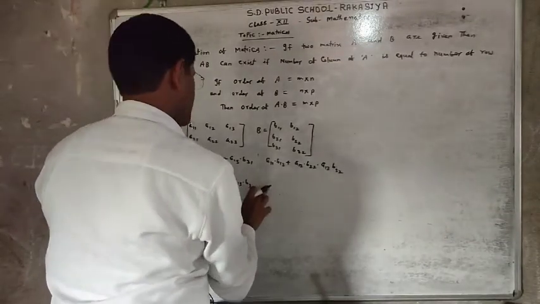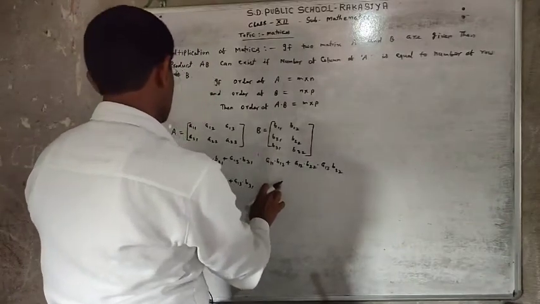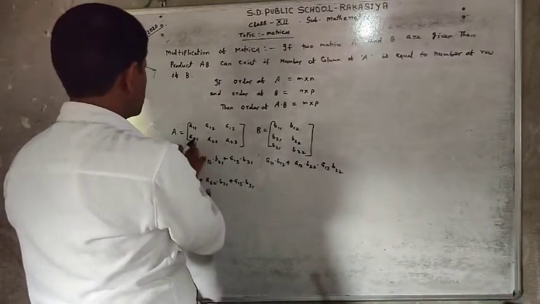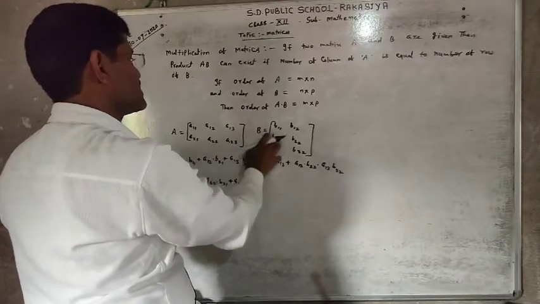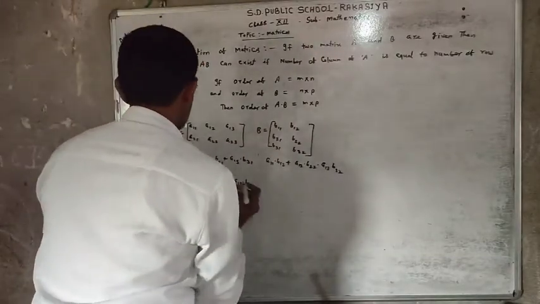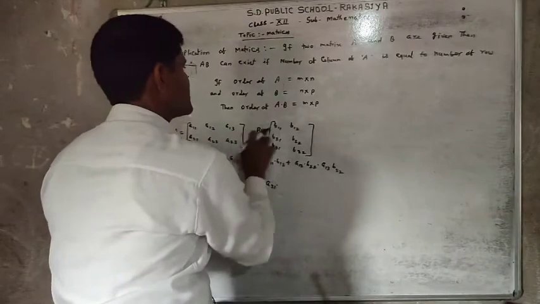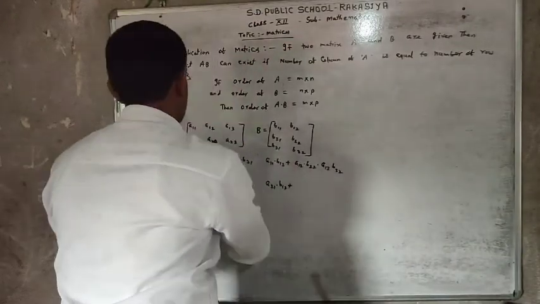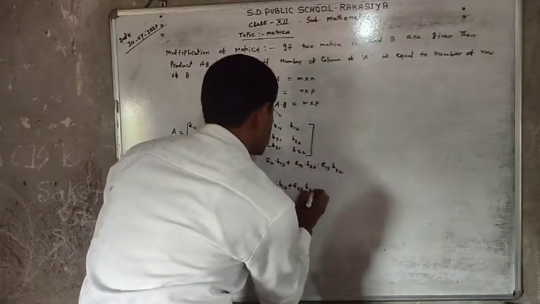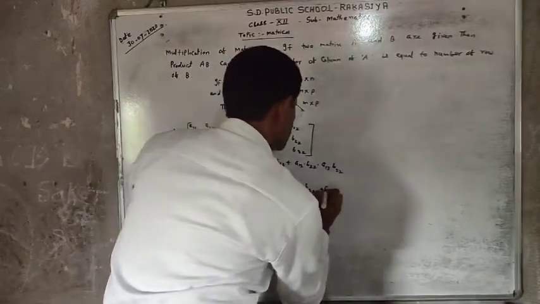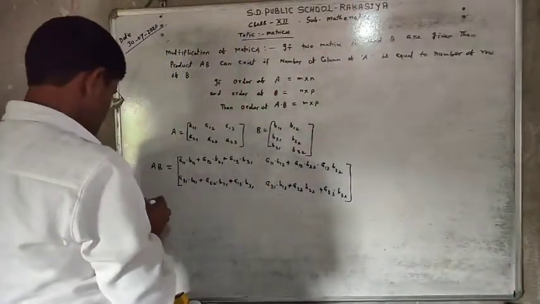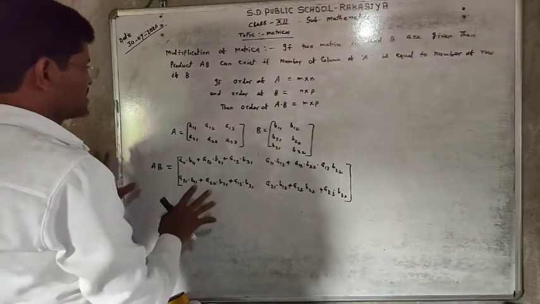Now we have to find the second element of the second row. We multiply the second row of matrix A with the second column of matrix B. A21 is multiplied with B12 plus A22 is multiplied with B22 plus A23 is multiplied with B32. The multiplication of AB is completed.